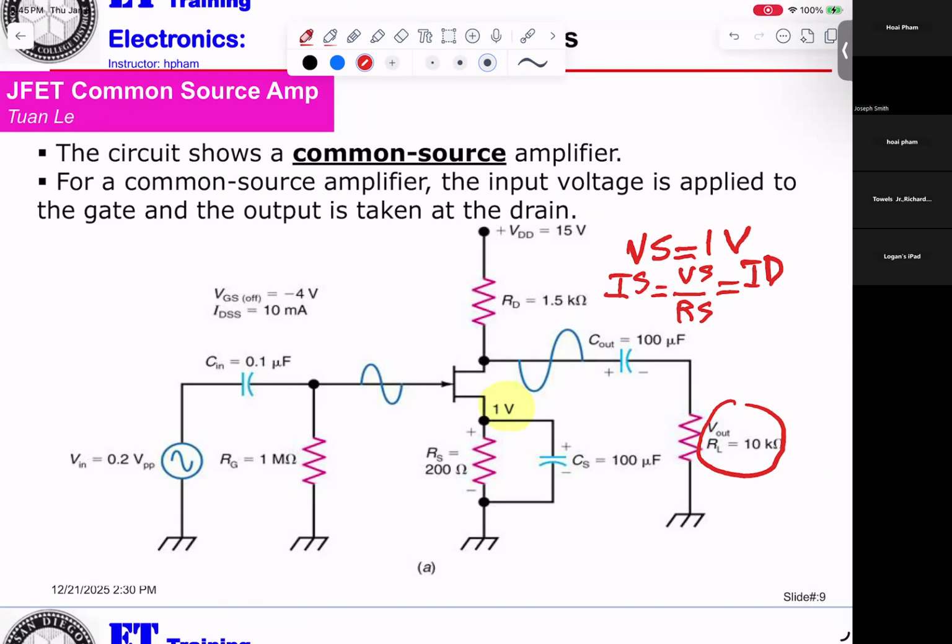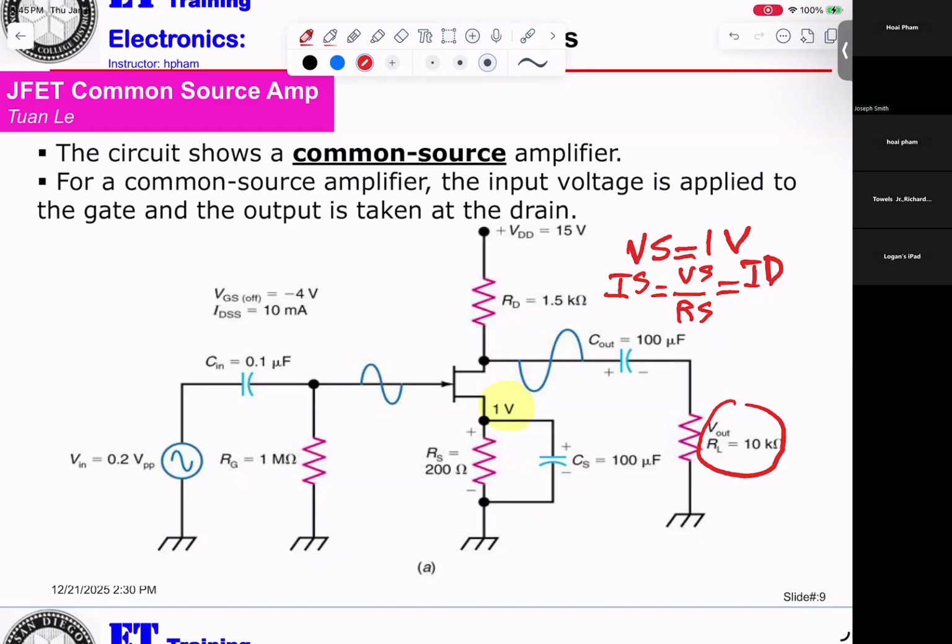And can you tell me the output impedance? Well, the output impedance is RD in parallel with RL, and the Cout is shorted out.